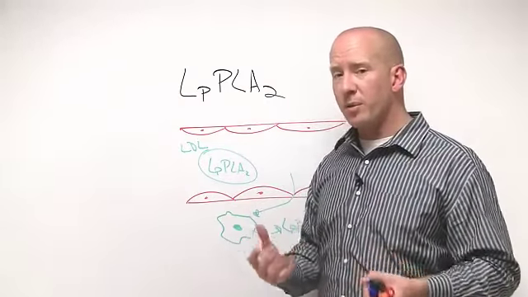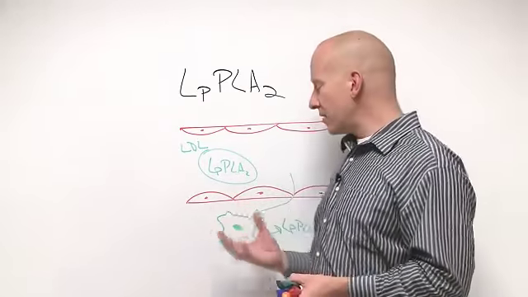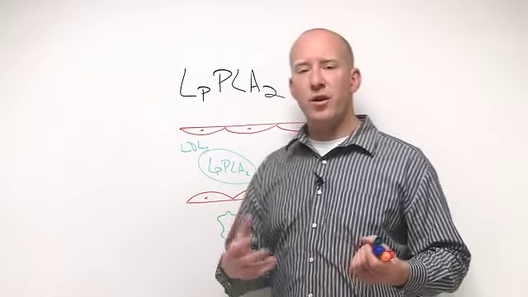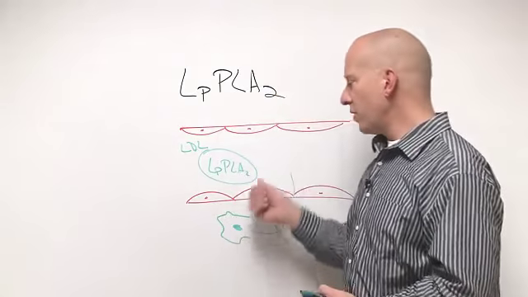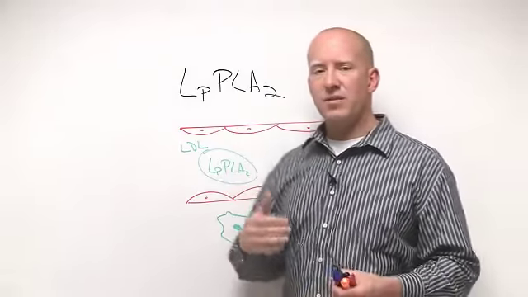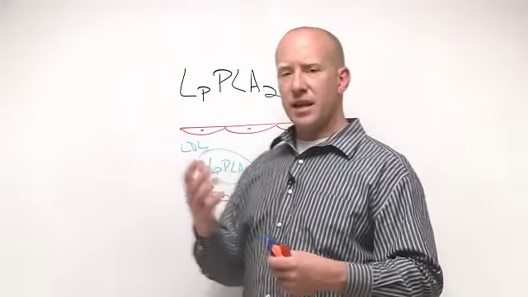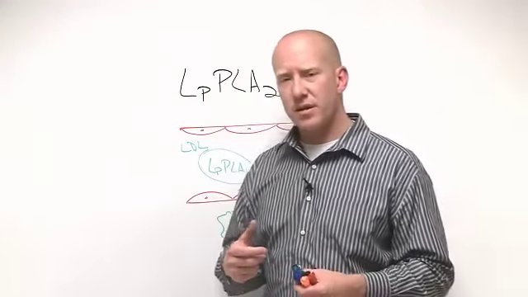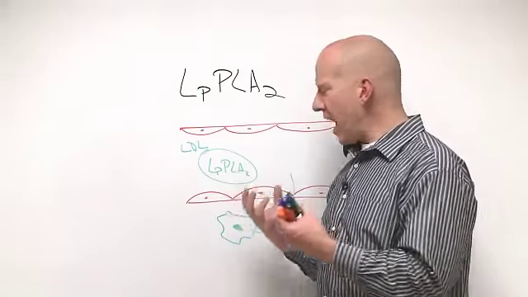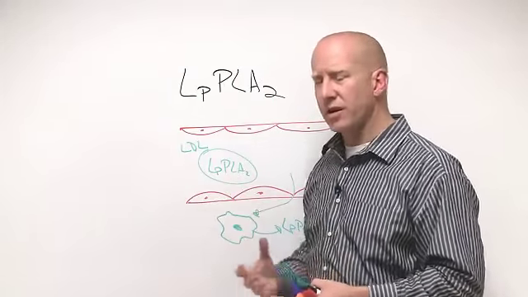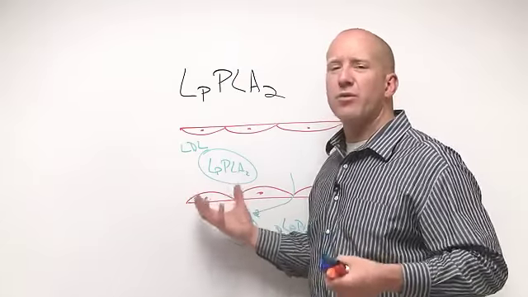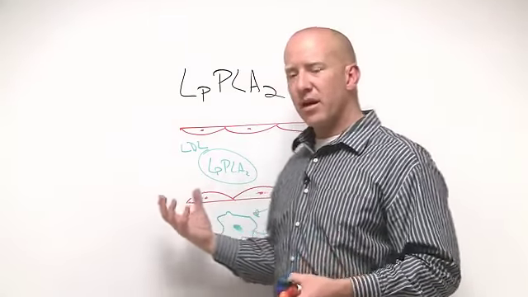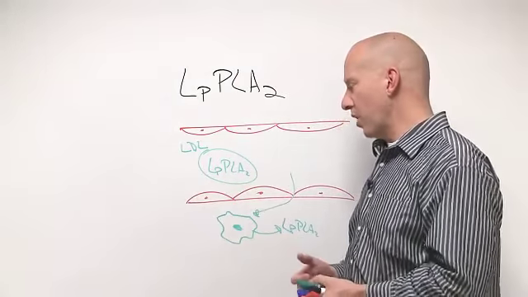The question is why are they producing more of it? Chances are because there's inflammatory processes that are occurring around the cardiovascular system. So if lipoprotein phospholipase A2 is elevated, it's thought that yes, there's an increased risk for cardiovascular disease, but it's a marker of sort of active endothelial dysfunction and therefore active atherosclerosis or atherogenic processes within the vascular walls.